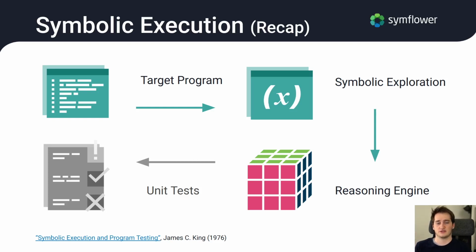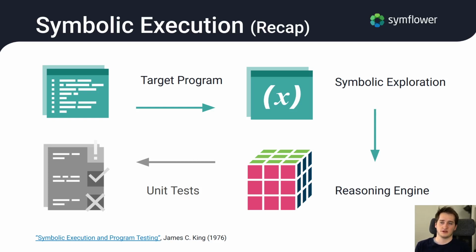What is then done is a symbolic exploration, and that means we look at every potential execution path of this program. And we replace the inputs to the program with symbolic placeholders. This is similar to variables in maths.